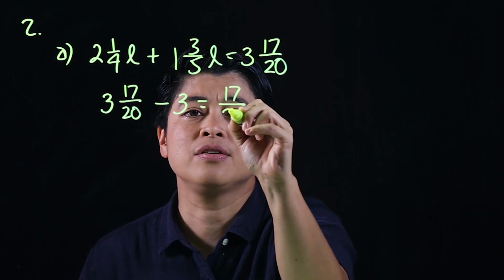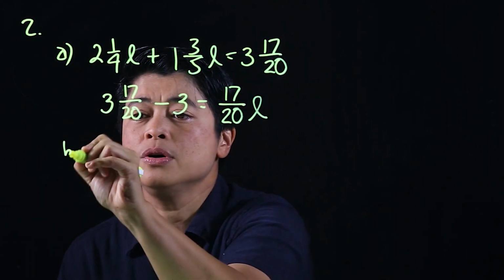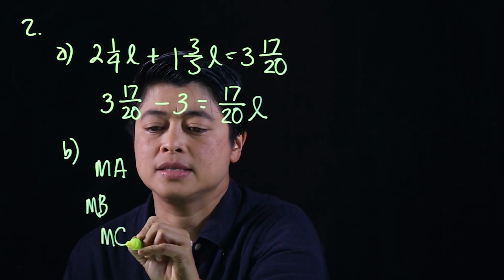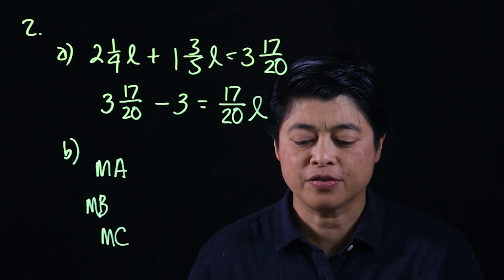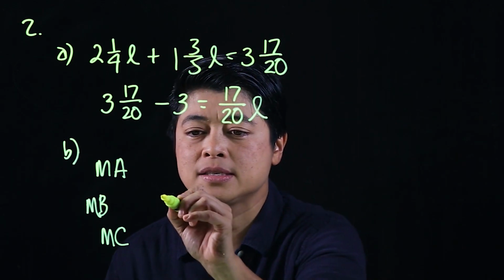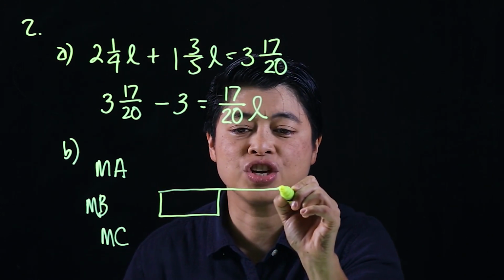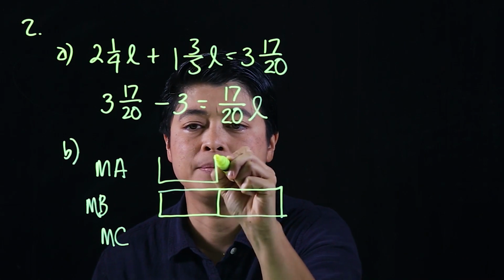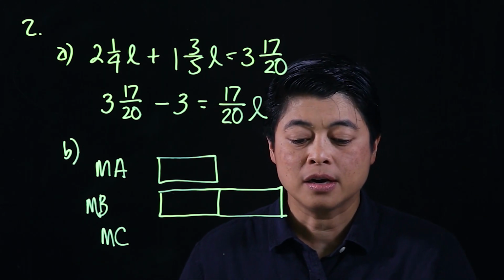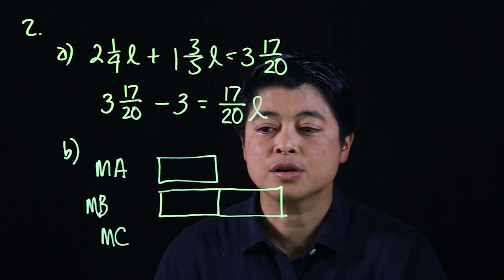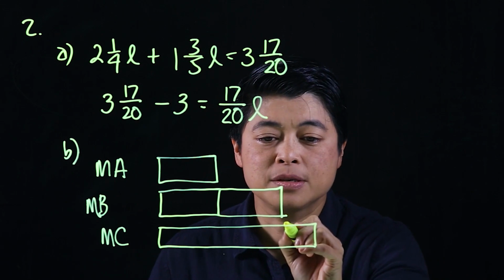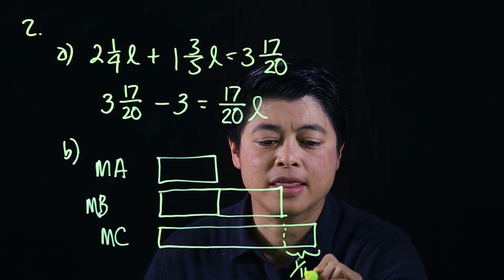That means it's 17 over 20 liters that he poured into the 3 mugs, being mug A, mug B, and mug C. When he poured, the amount of fruit punch in mug B is twice the amount in mug A, so this is 2 times as much as what's in mug A. Then mug C contained 1/10 liter more than mug B, which means mug C is longer than B, so this part right here must be 1/10 liter.